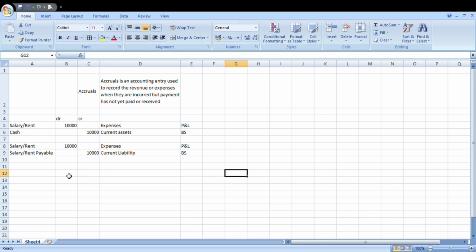So let's understand how this will affect our statement of accounts. This is the profit and loss account: expenses amount, income amount.